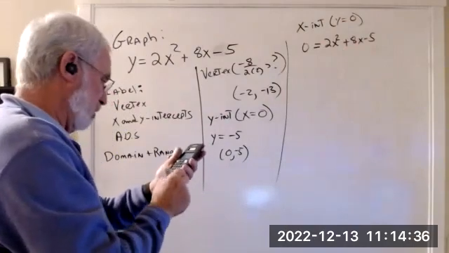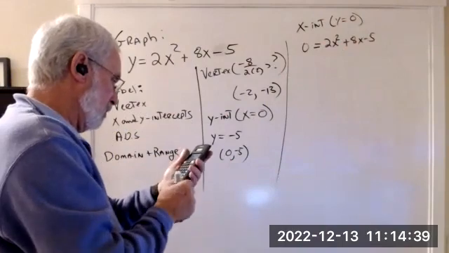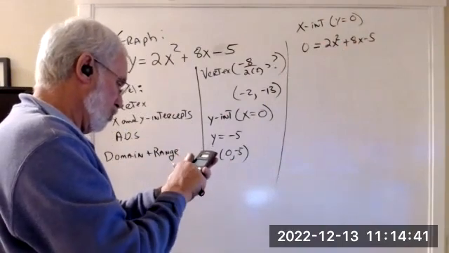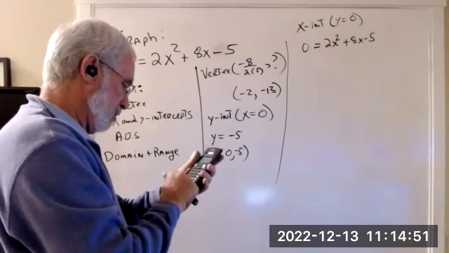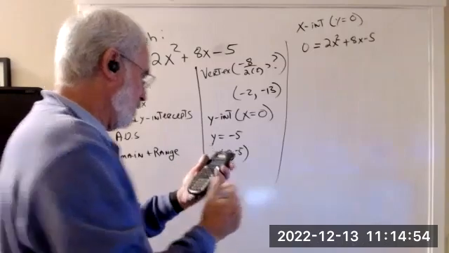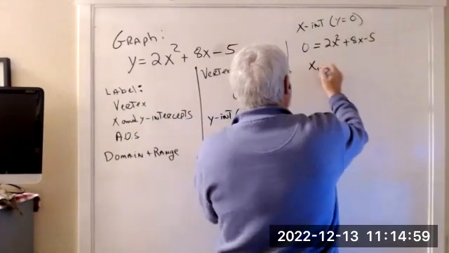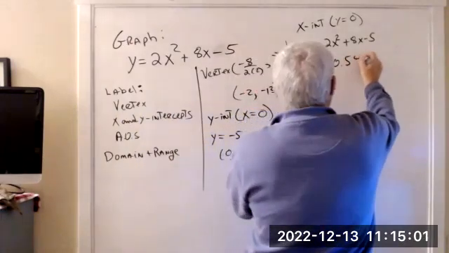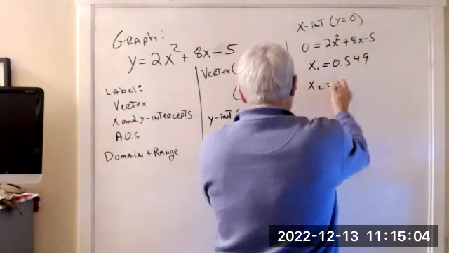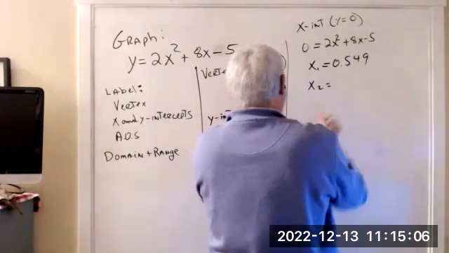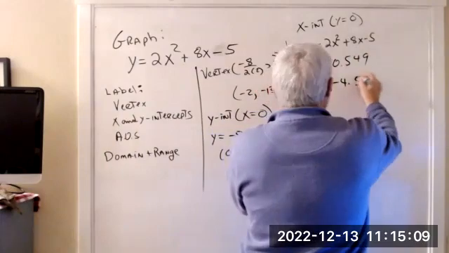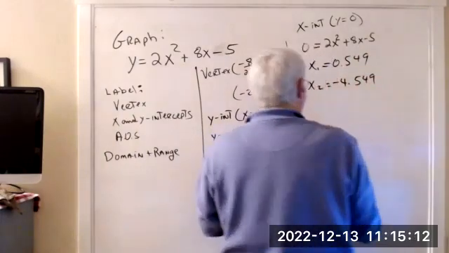So I'm entering solve, 2, 8, negative 5. So I get x1 is 0.549, x2 is negative 4.549. That's interesting.